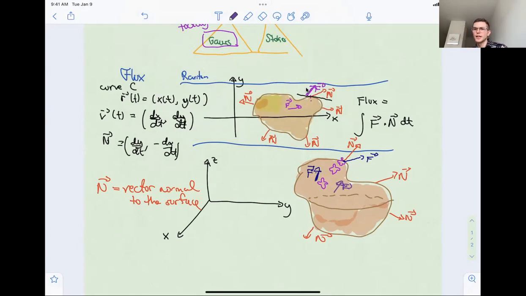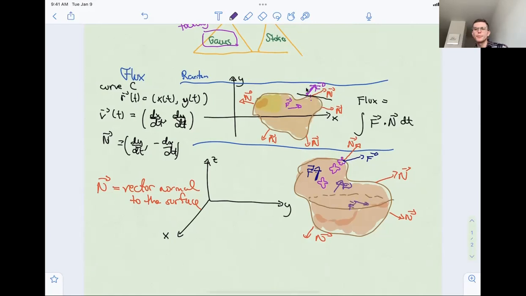Before, at the beginning of the class, we would always draw the vector with the same origin. Here it's more convenient to think of them all over the place. When you compare them, you're comparing them when the two vectors share the same origin. That's what makes more sense in this case.